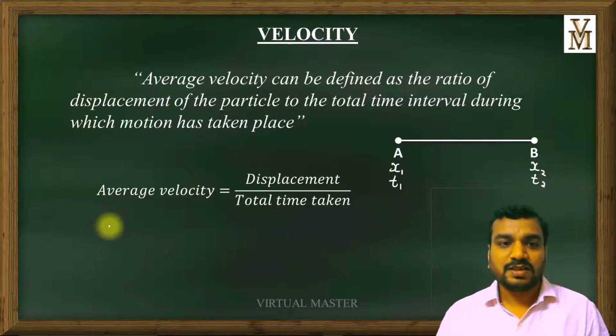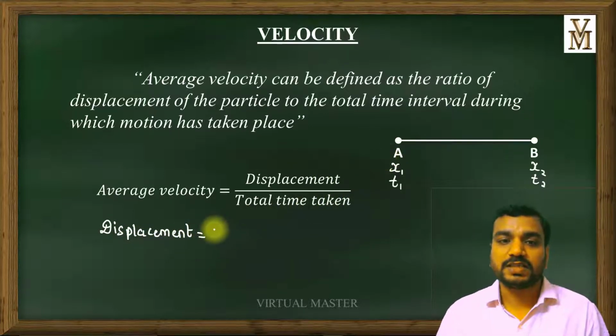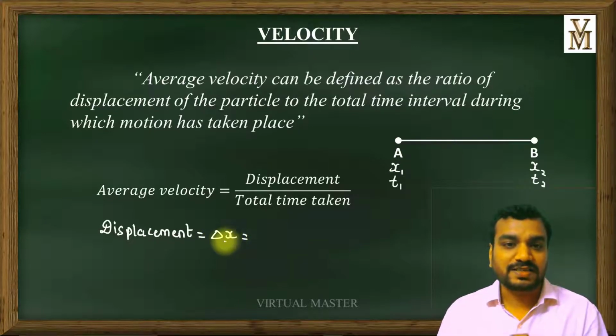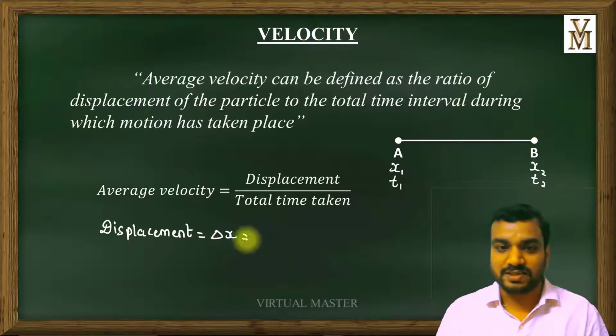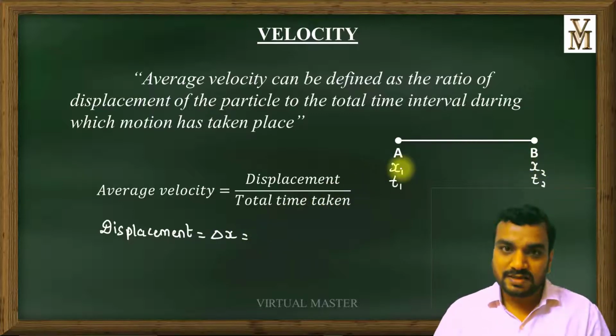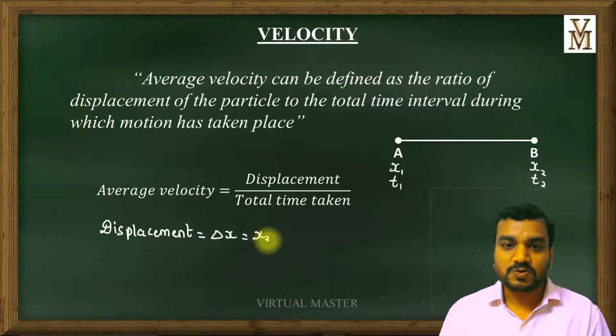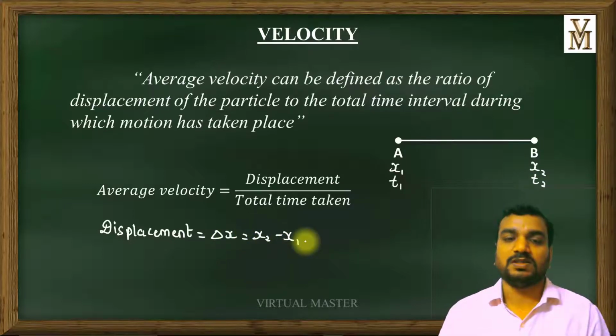So displacement of an object will be equal to change in the position, that is delta x. As already we have discussed, delta represents change in the quantity. So delta x is nothing but x2 minus x1. Initial position is x1, final position is x2. So change in the position will be x2 minus x1.